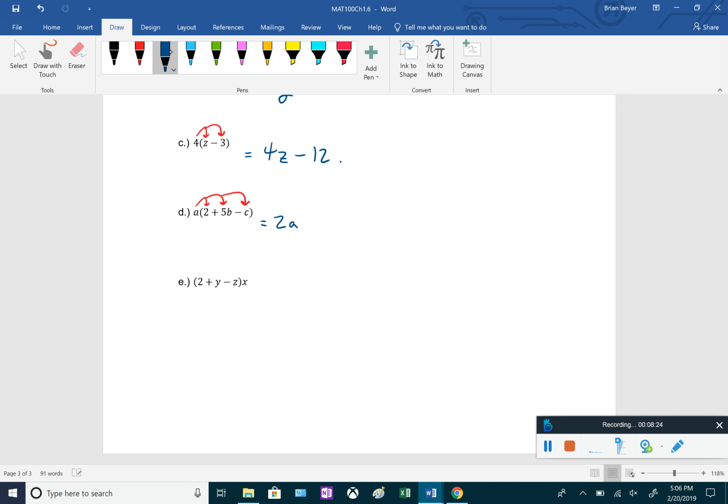So for the next one, a times 5b, I'm going to write that as 5ab. So number is first, coefficient is first, and then a and b are in alphabetical order. And then a times negative c, so that's going to be a times c, so minus ac.